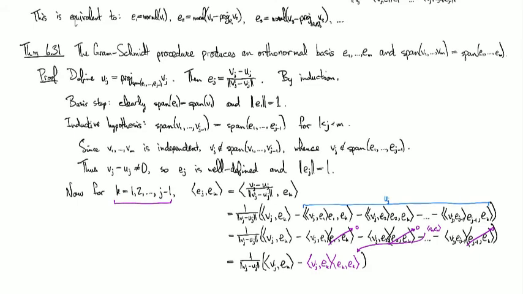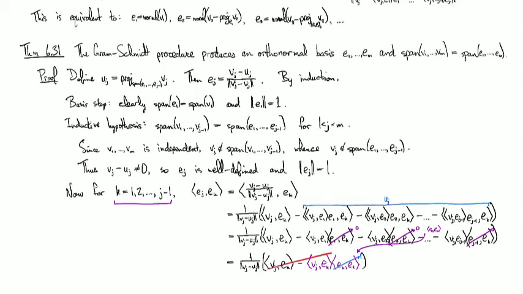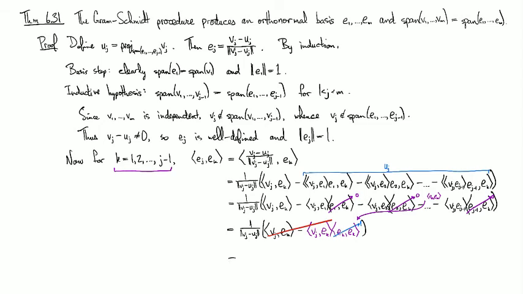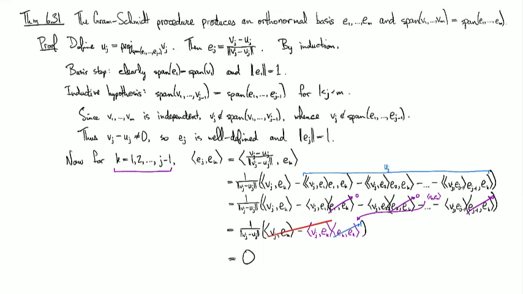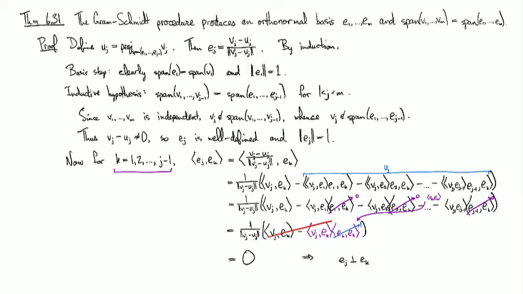By orthonormality, we know that this is going to be equal to 1. And then we have that these terms cancel. So we get 0. Okay. So from the very beginning to the very end, we see that Ej is orthogonal to Ek.